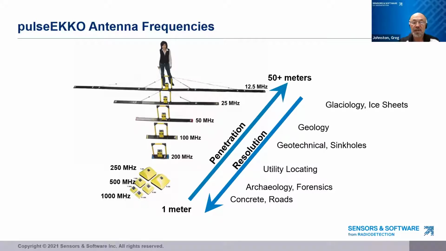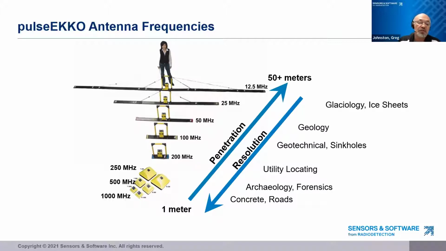For example, if you're studying glaciers or ice sheets or very deep geology, you're going to be using low frequency GPR antennas, 12.5 megahertz, 25 megahertz, 50 megahertz, in this sort of range. When you're getting into shallower geology, you're going to be in the 50, 100, 200 megahertz range.